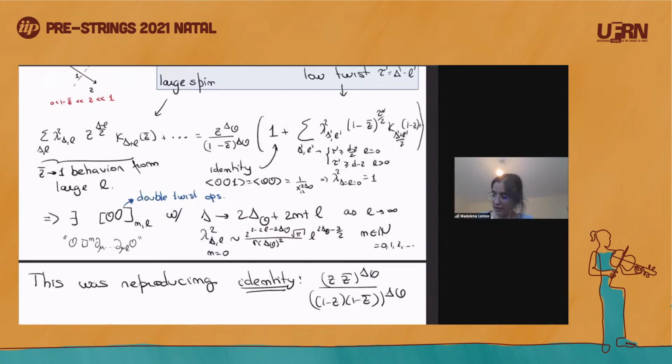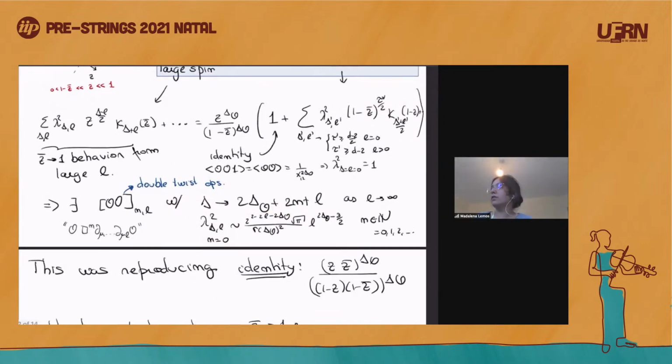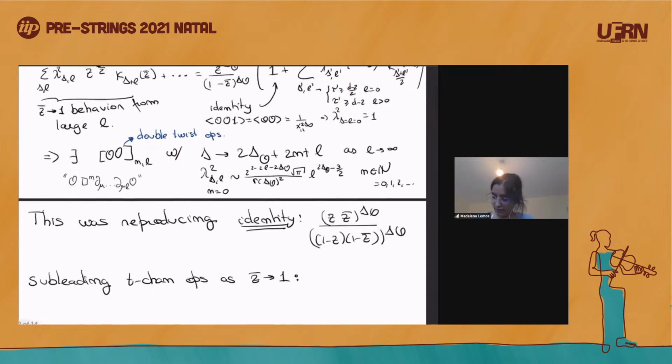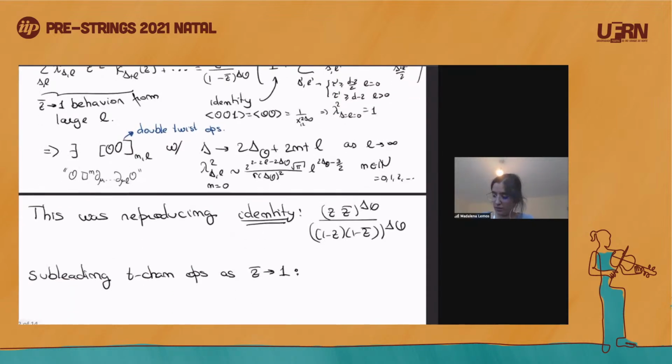Then I ended by very quickly saying that when we have subleading operators here of some twist, we can get corrections to this behavior. So before moving on to the inversion formula, let me quickly go over how this works. What is the subleading twist that appears here?